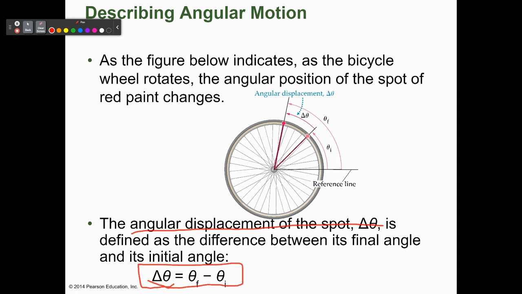So if you started here at this angle, and you then ended up here at this angle, then the change in the angle would be your angular displacement. And that's always going to be final minus initial. Okay, so when they talk about angular displacement, just remember we're talking about the change in the angle, which is the final angle minus the initial angle in radians. Okay.